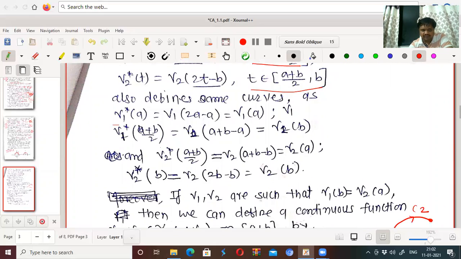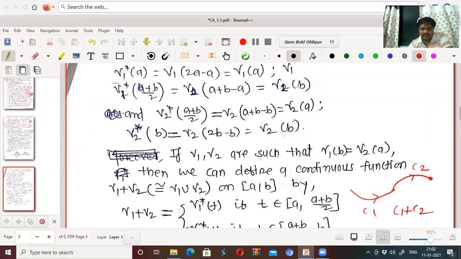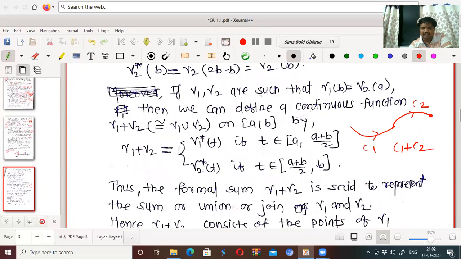If such things hold, now, if gamma 1 and gamma 2 are such that gamma 1 at b equal to gamma 2 at a, then we can define a continuous function gamma 1 plus gamma 2, which is the union of two curves on a b, by gamma 1 plus gamma 2 equal to gamma 1 star if t belongs to a to a plus b by 2, and it is equal to gamma 2 star if t belongs to a plus b by 2 to b.